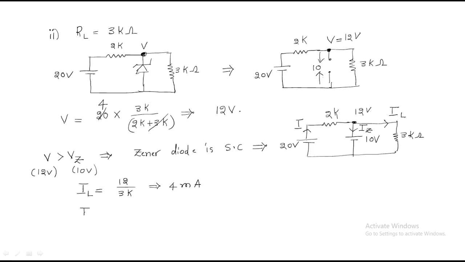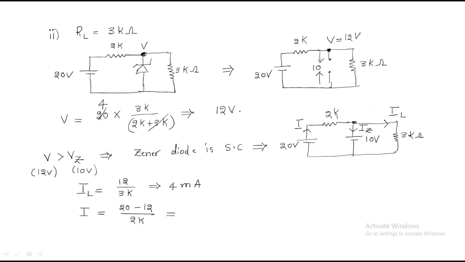What about the source current I? The source current I equals this voltage minus this voltage, divided by the resistance. Voltage is 20 and this voltage is 12, by 2K. Understand? Sorry, this is not 12 actually.